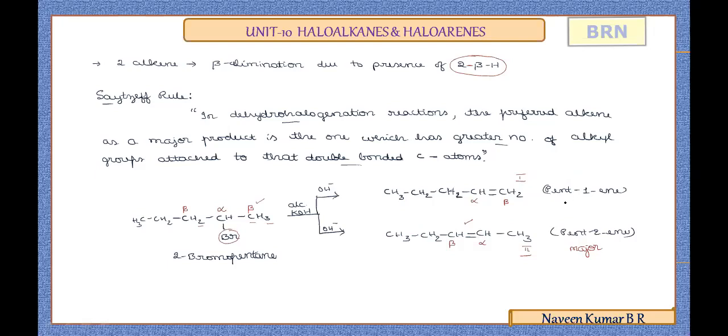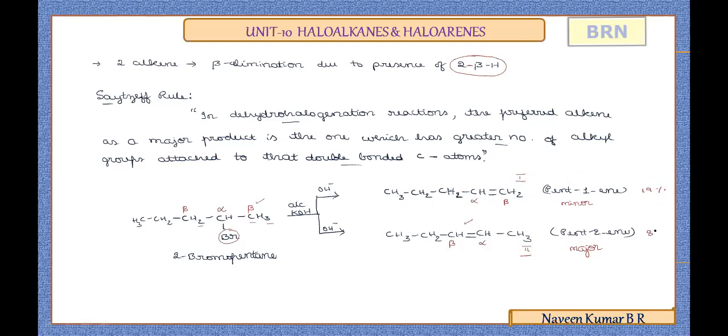Whereas the first product, pent-1-ene, will be obtained as a minor product because either side of it contains a lesser number of alkyl groups when compared to the other product. So if we take the same example, the percentage of yield: pent-1-ene is obtained nearly 19% in the 100% yield of the product.